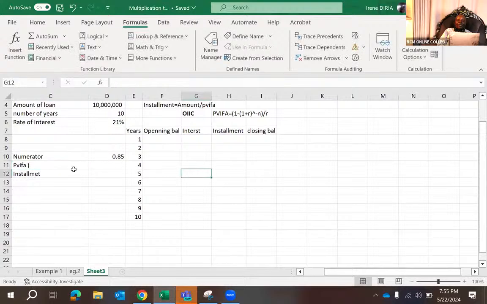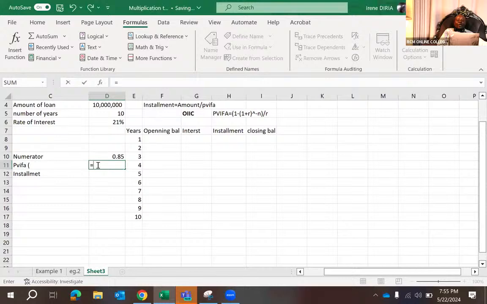Yeah. Okay. So now let us get the PV-FA there. Now say equals. You must always start with the numerator, we already have it. So equals, the numerator we already have, so you pick PV-FA which is 0.85, equals that figure divided by our R, which is 21%.